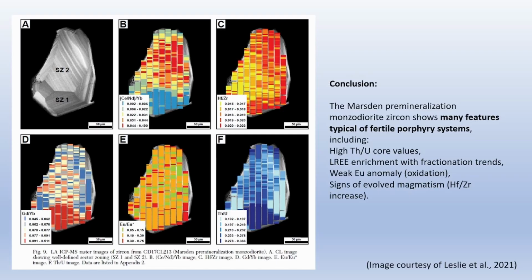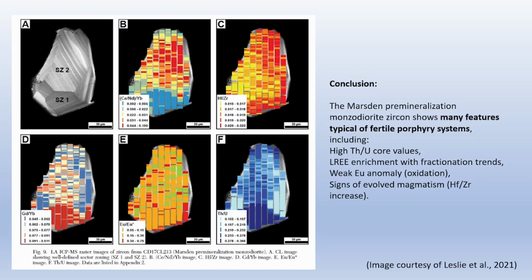The outer rim here lights up in orange and red, and that means enrichment in LREEs like cerium and neodymium. And why does that matter? Because LREE enrichment is a classic sign of a magma that has been evolving and staying oxidized, exactly the kind of conditions that can carry copper and gold.